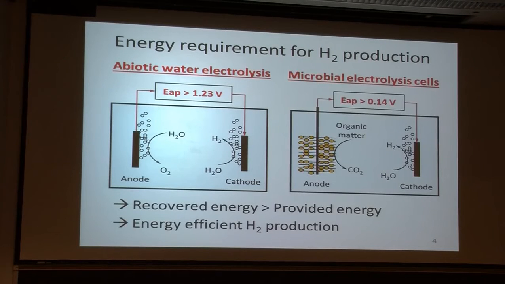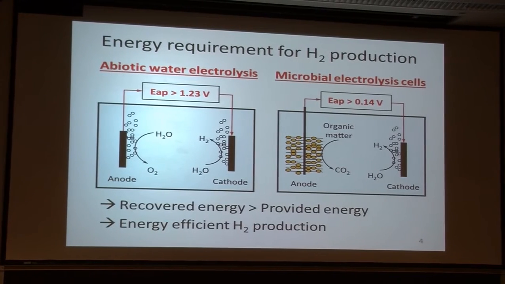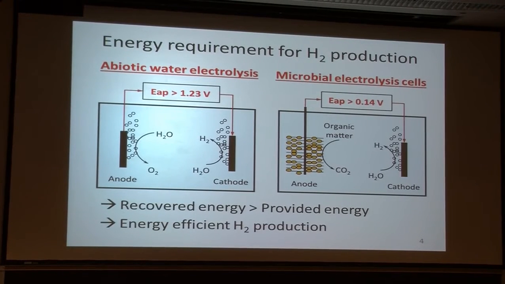But if you look at the MEC system, when the organic matter is oxidized at the bioanode, then the energy requirement is just 0.14 volts. So in typical MEC systems, the recovered energy as hydrogen gas is usually greater than the provided electrical energy. So we can achieve energy efficient hydrogen production.